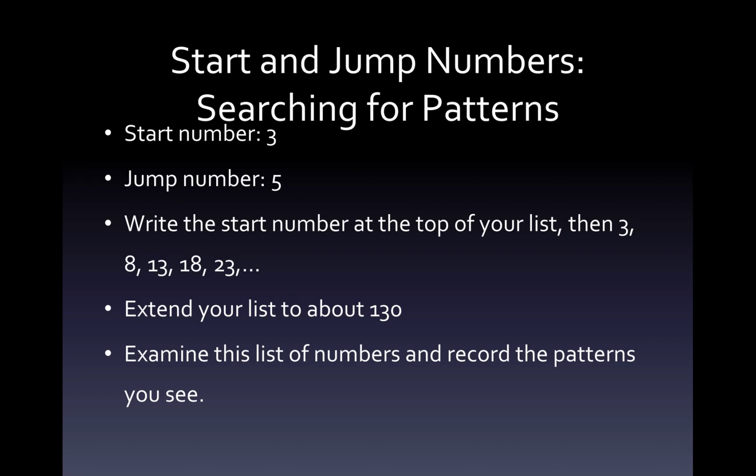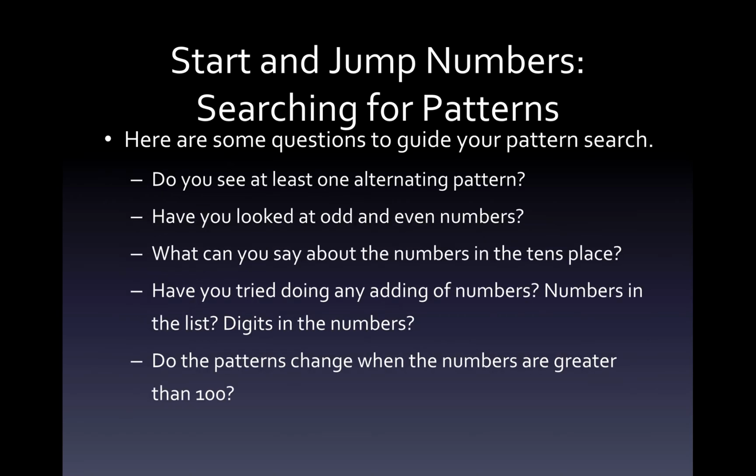Then examine this list of numbers and record the patterns you see. What do you see? What kind of patterns do you notice? Write them all down. Okay? And here are some questions to guide your pattern search. When you are examining the list of numbers you have, think about these prompts.